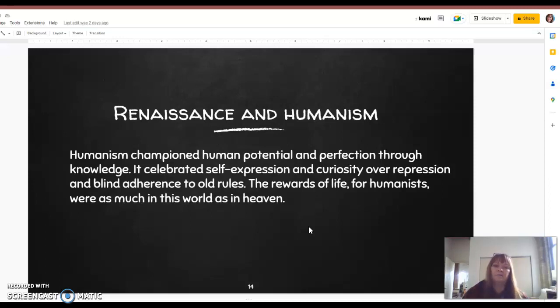And it did away with these old rules, which repressed people. And if you didn't adhere to the rules, life was a mess. So the rewards of life for humanists were as much in this world as they were in heaven for the period of the Middle Ages. So it was okay to live life to the fullest in this world.